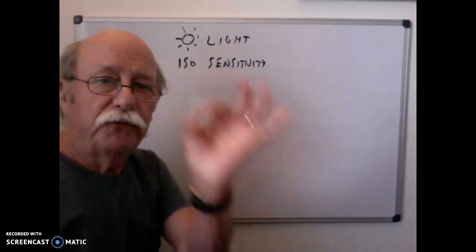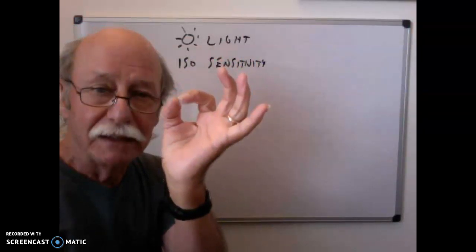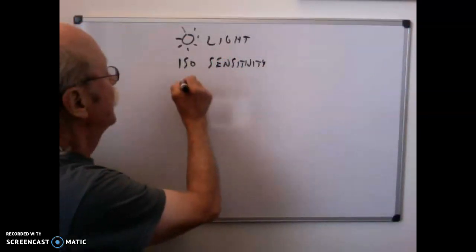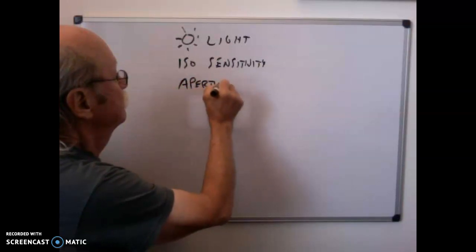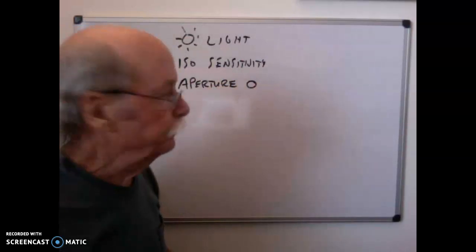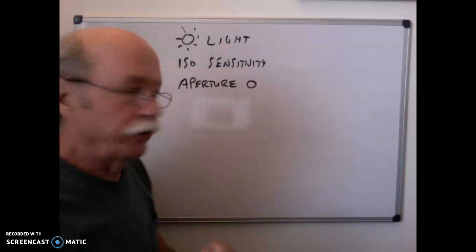Then we have the size of the aperture, the size of the hole. What's the flow rate of the light coming into our camera? Aperture. Hole. Flow. Then, how long is the aperture going to be open? The shutter.